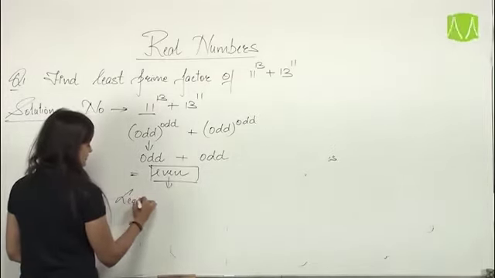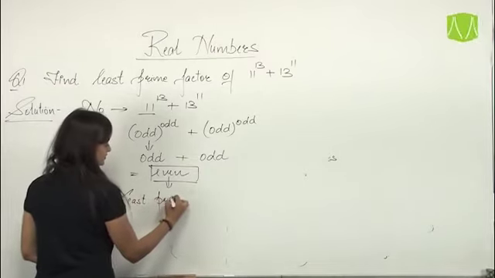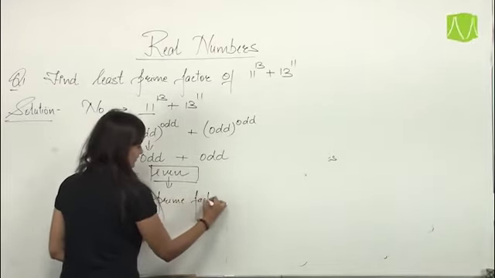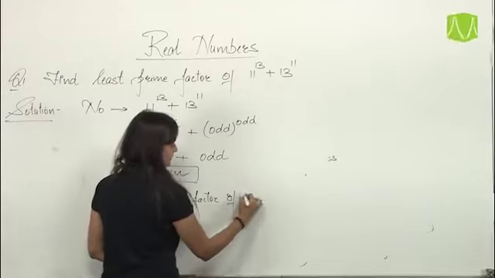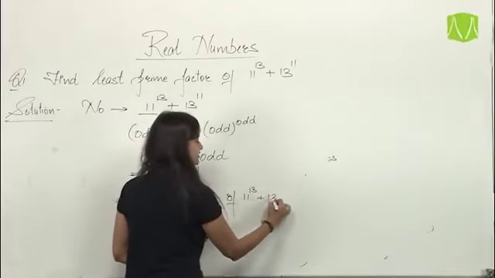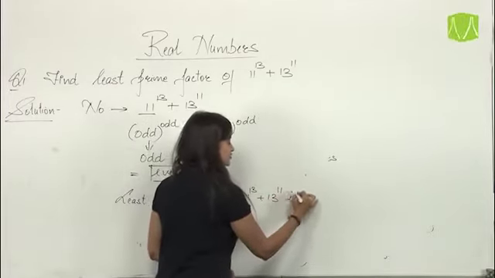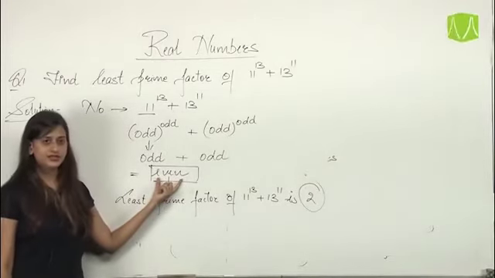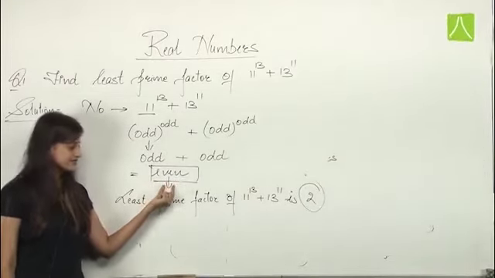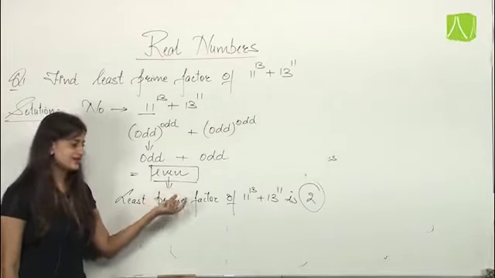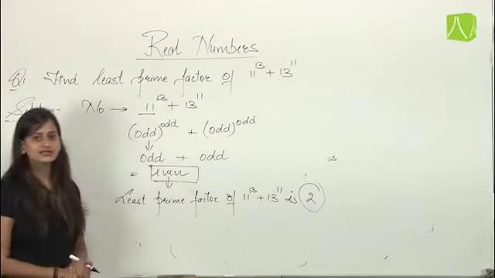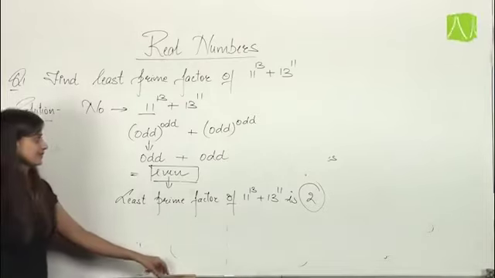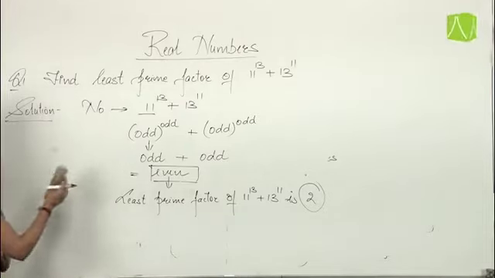So the least prime factor of 11 power 13 plus 13 power 11 is 2. Why? Since this is an even number and every even number has least prime factor 2. So the answer is 2. Let's move to the next question.